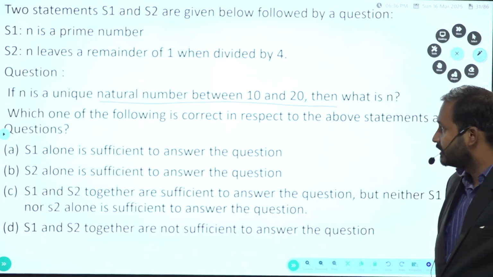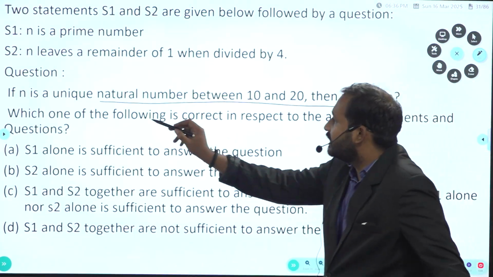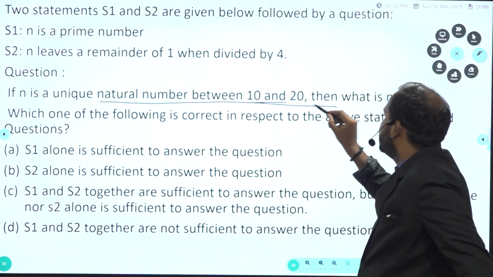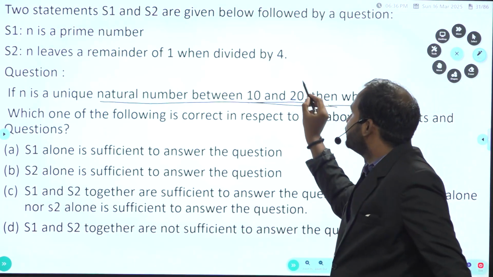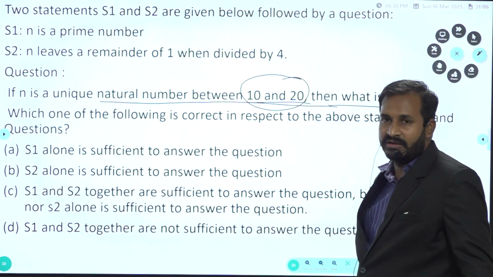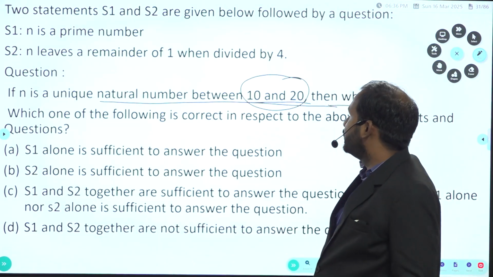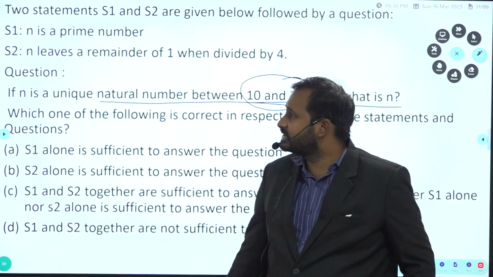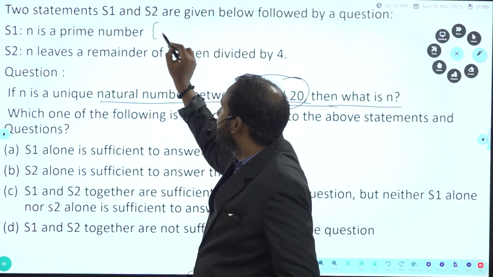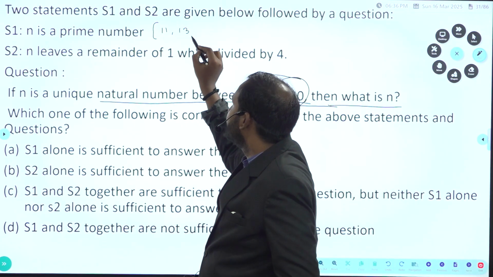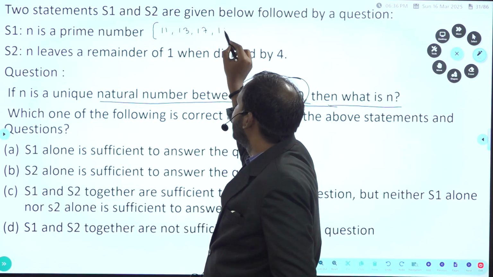Now see, they are saying that n is a unique natural number between 10 and 20. Between 10 and 20, I need to choose the n value based on the statements given. If n is a prime number, how many chances do I have? 11, 13, 17 and 19.